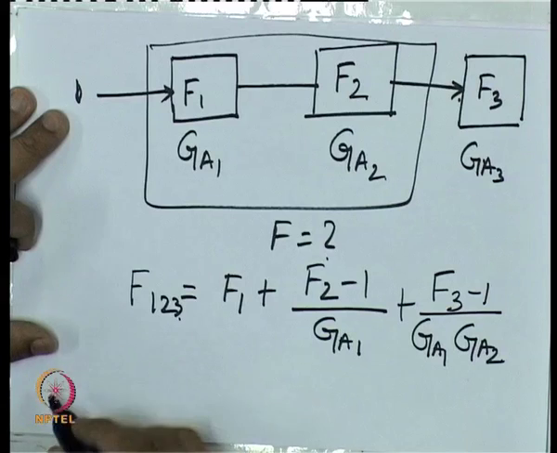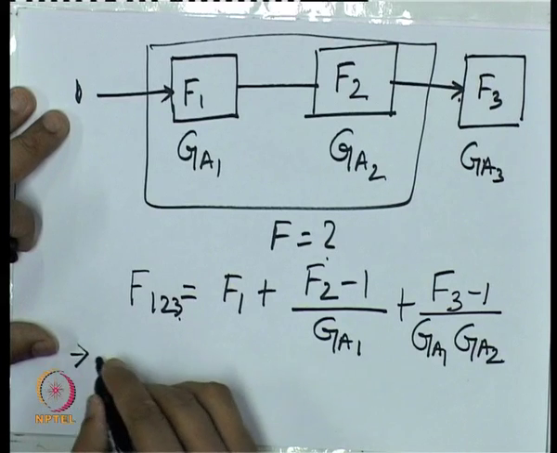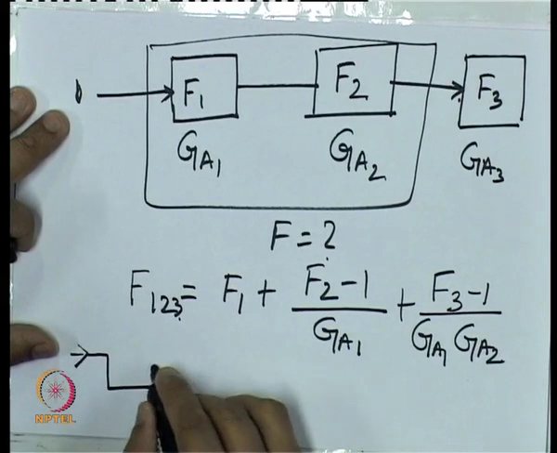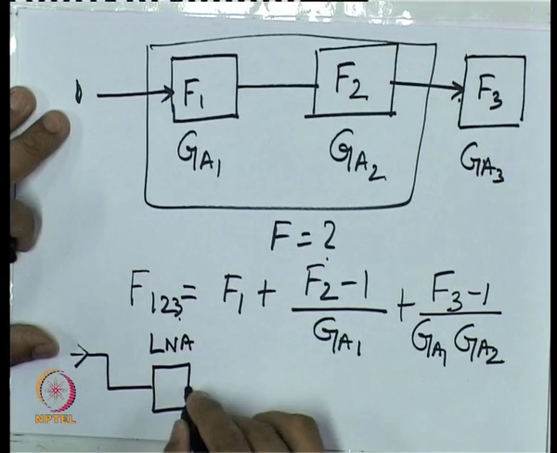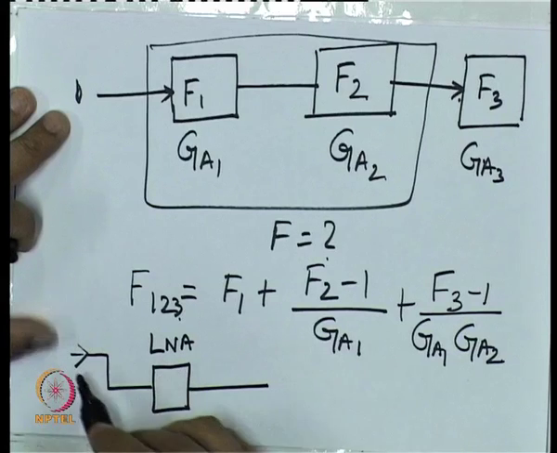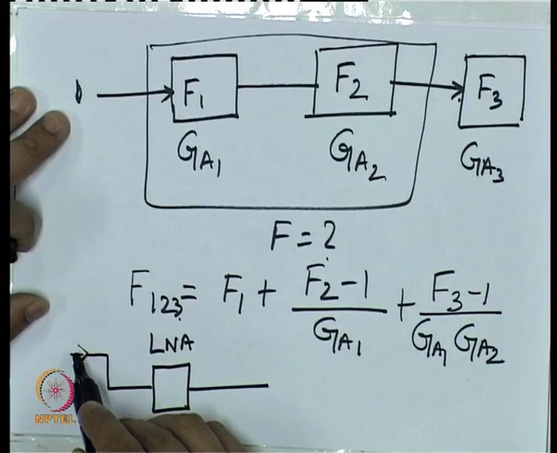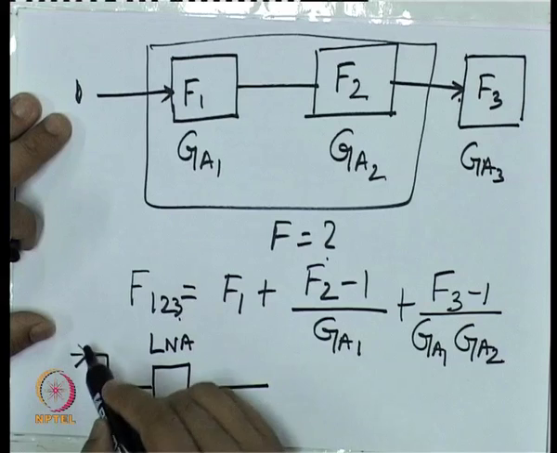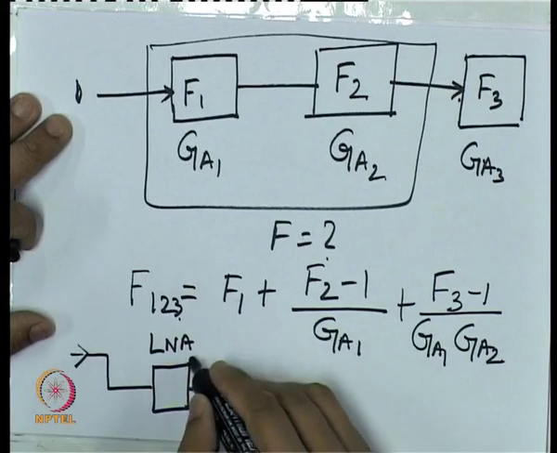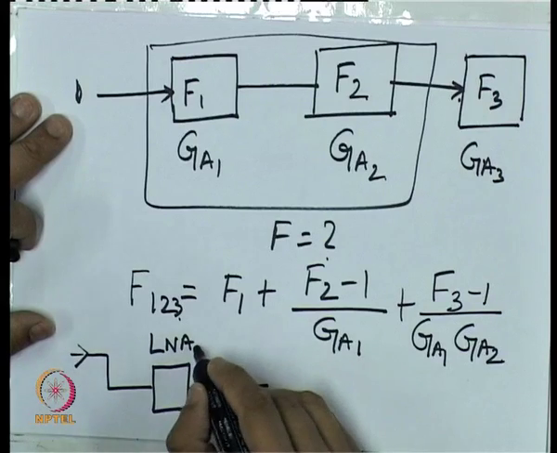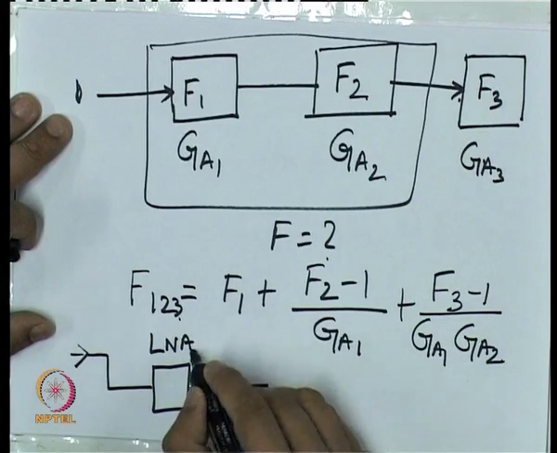So that's why when we have a receiver connected to an antenna, the first stage is often what is known as a low noise amplifier. The purpose of the low noise amplifier is to boost this small power signal received from the antenna without contributing too much noise. That's why the LNA is supposed to have a very good noise figure.